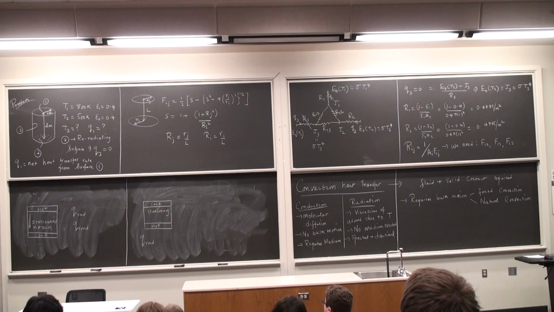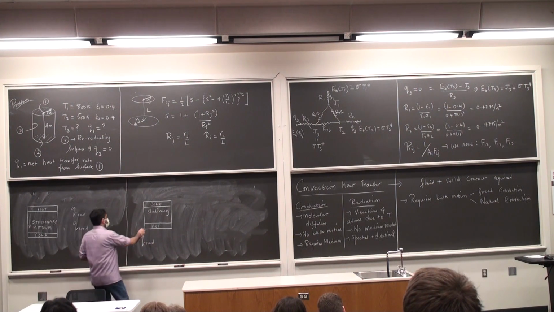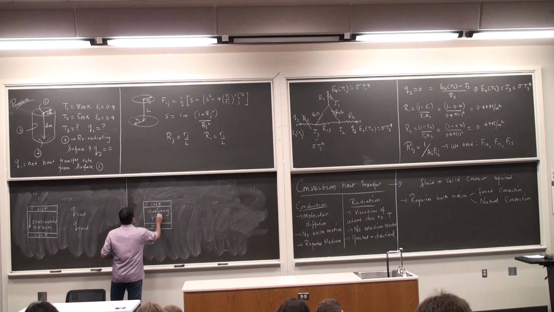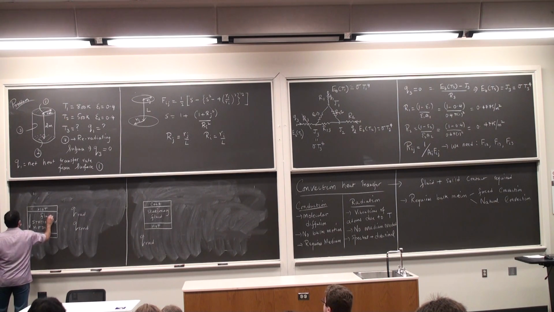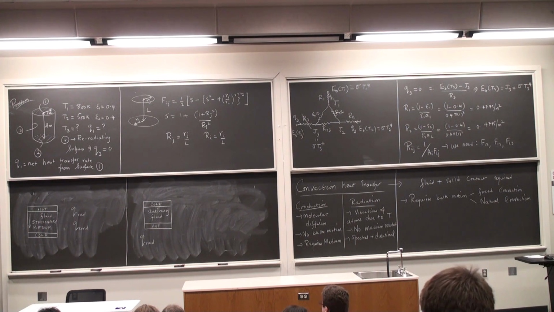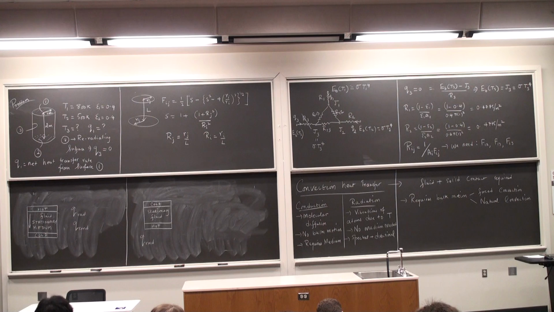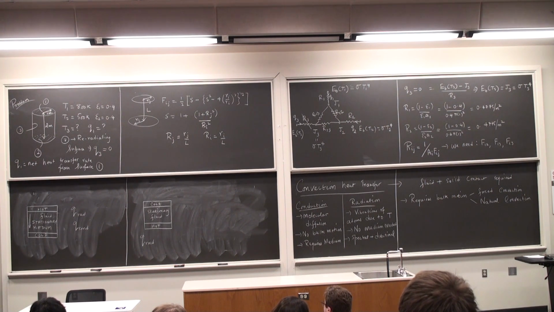And this is stationary fluid, let's say, to begin with. Now, is there conduction or convection taking place across the stationary fluid? Any guesses? Convection. Convection is a good guess.